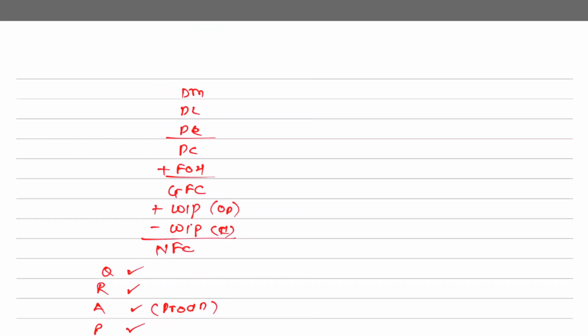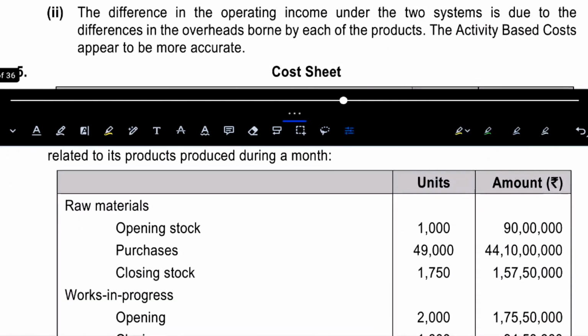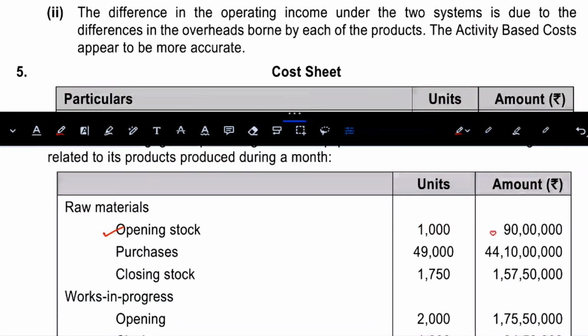Now, I will start with this. First, we'll have a look at direct material. Look at the material: what is given? Leave the units for now, the units will make that column. For now, 90,000 is my amount. Purchases are there, closing is there, and there is one more thing.